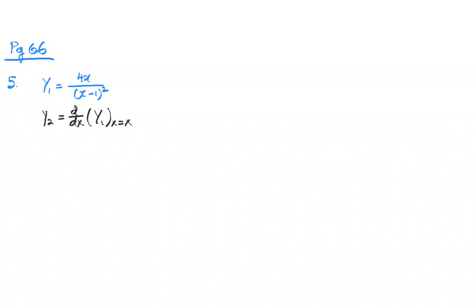Done? Okay, so now I'm trying to solve the question for part A. So, if they ask you to show this, what you need to do, you have to differentiate, okay? So what you do is you use your quotient rule.